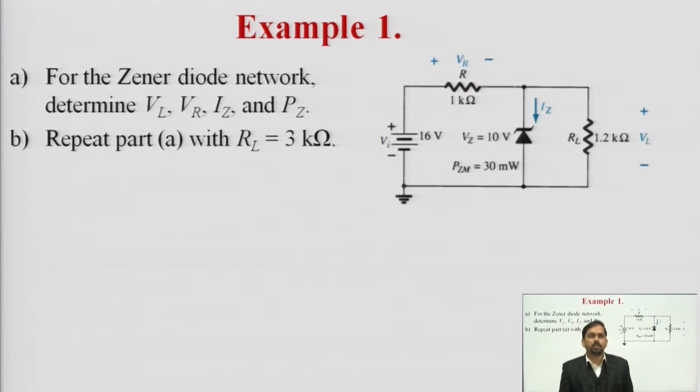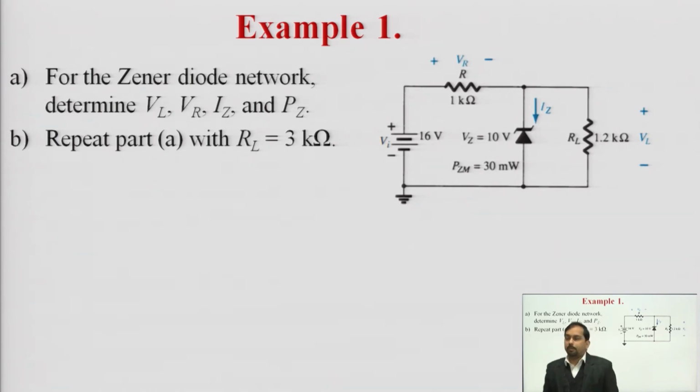Now, we have a small question: for this particular Zener diode network, determine the load voltage, the voltage drop across the series resistance R, which is 1 kilo ohm, the current entering the Zener diode, and the power dissipated by the Zener diode.